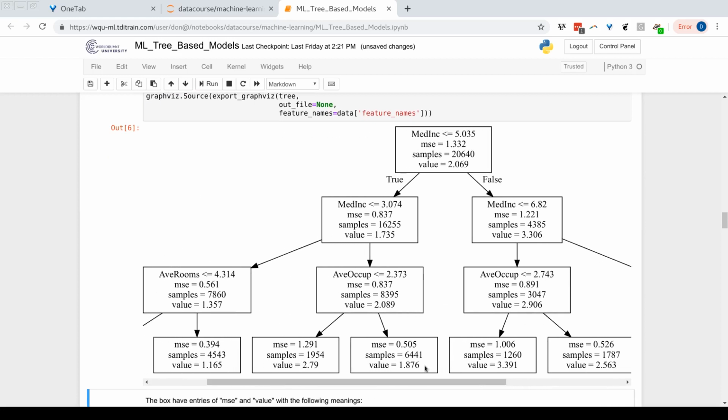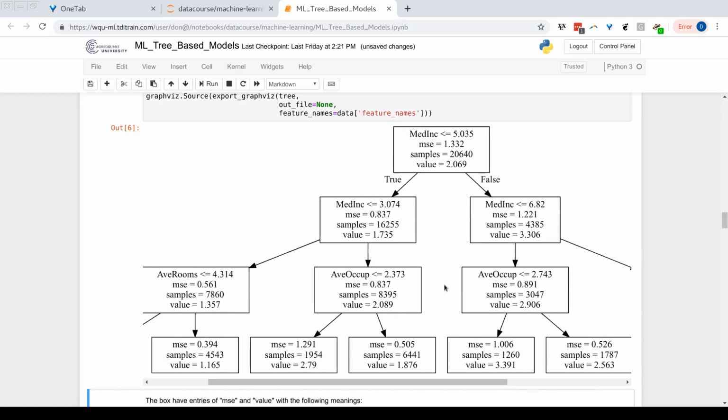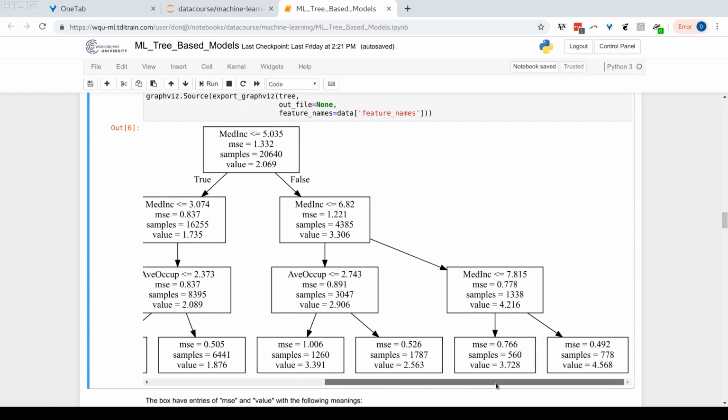Notice one thing you might want to ask yourself is, for a given depth of tree, what is the max number of terminal nodes, leaves? So at depth 1 we have 2, at depth 2 we have 4, and at depth 3 we have 8.